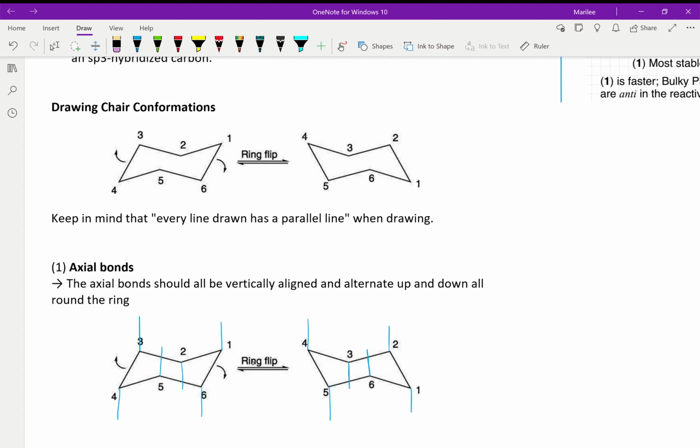If you drew this first, this 1 to 2 bond, then you have your 4 to 5 parallel to it. You guys see that? If you drew 6 to 1, then you have 4 to 3 parallel to it. So every line that you draw is going to have a parallel to it.